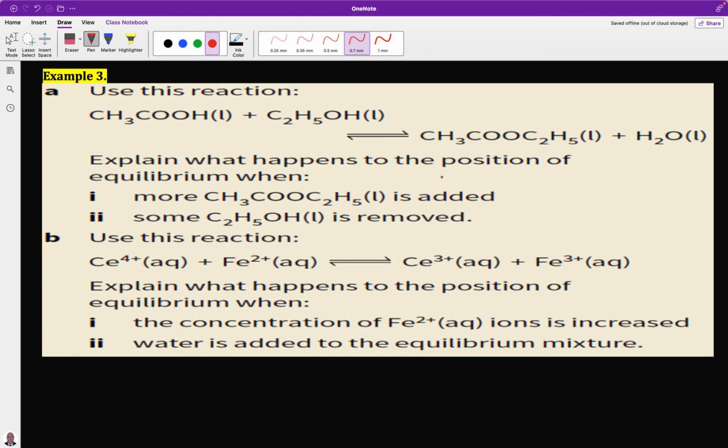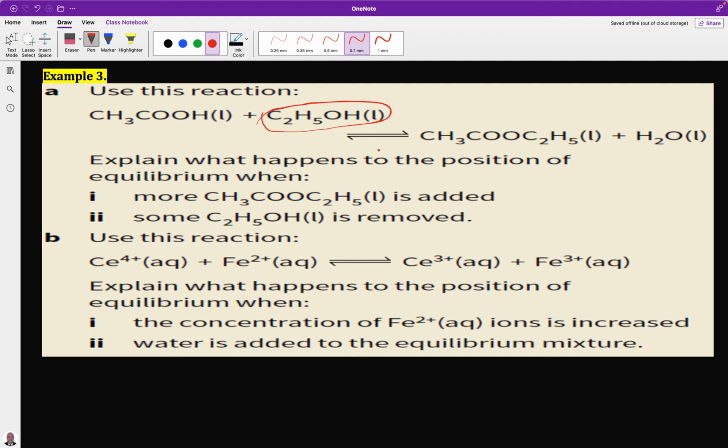Explain what happens to the position of the equilibrium when ethanol is removed. When ethanol is removed from this system, the equilibrium is no longer there.